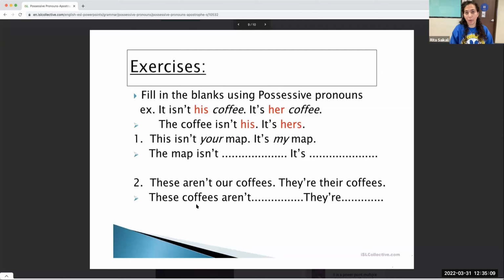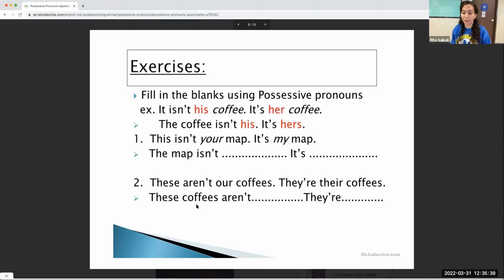So possessive pronoun is a type of pronoun, okay? So the map isn't yours, it's mine. We replaced your map, which is both a possessive adjective and a noun, with yours.